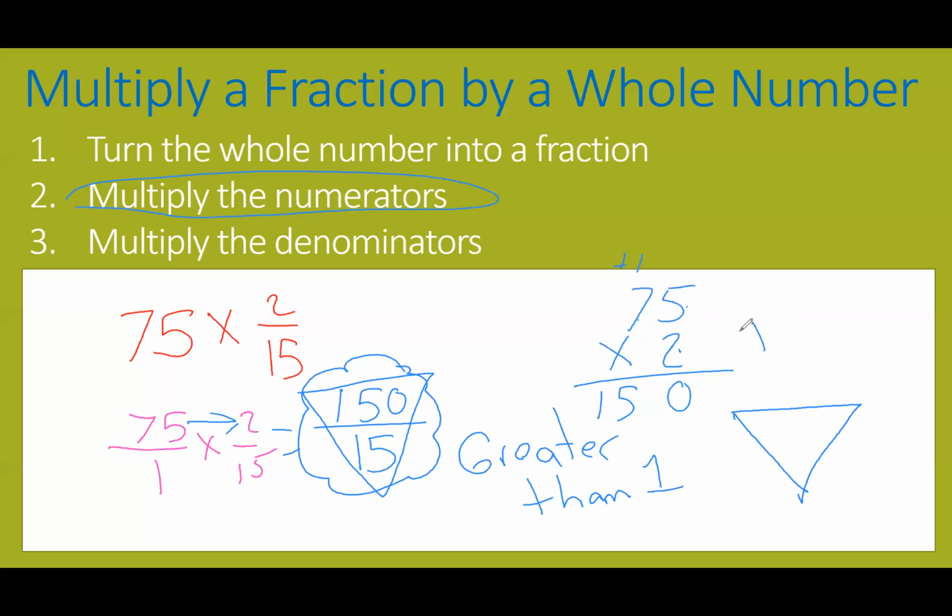Sometimes we call it an improper fraction. The reason we call it that is because this bottom part is smaller and it looks like it will topple over. So on Wednesday, we will talk about how to reduce that. But for today, we're just multiplying straight across.